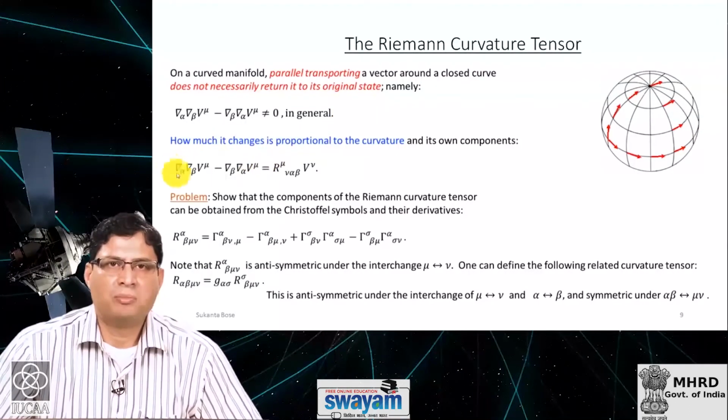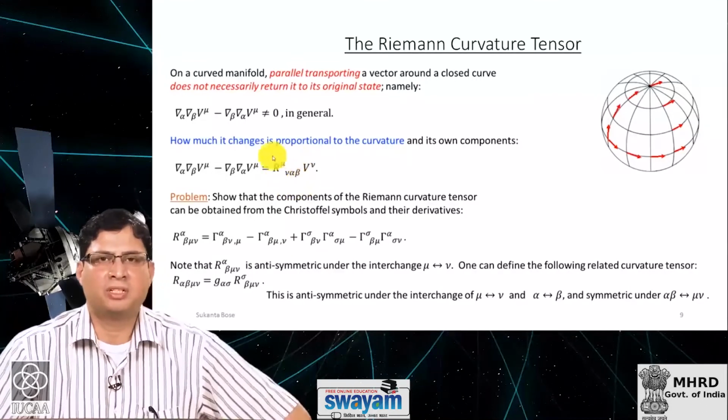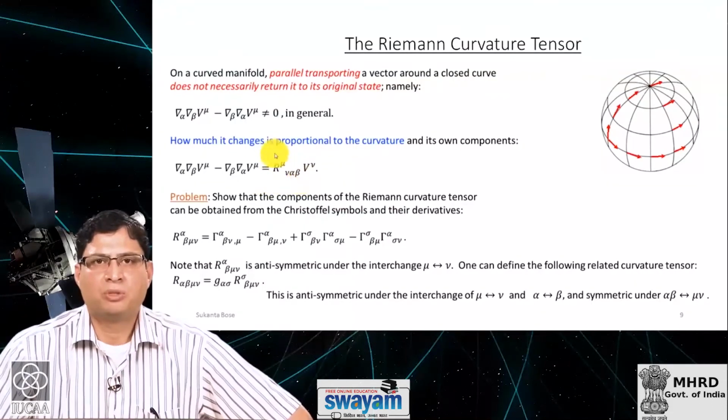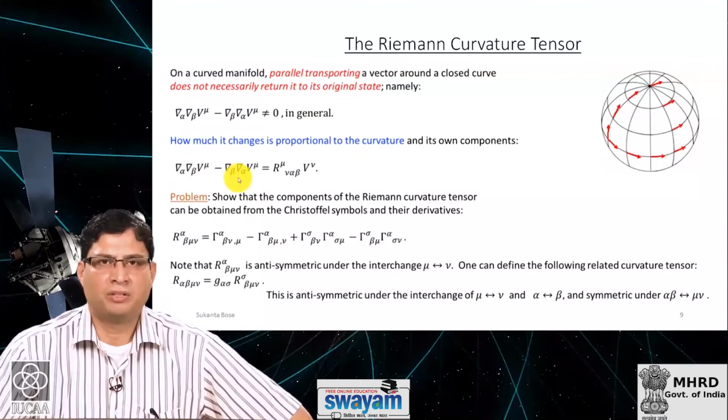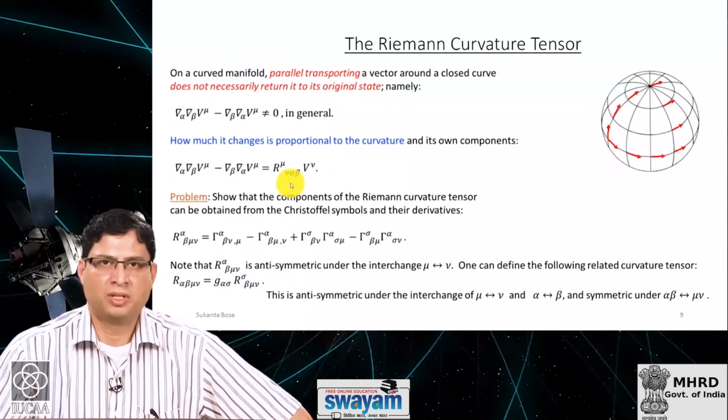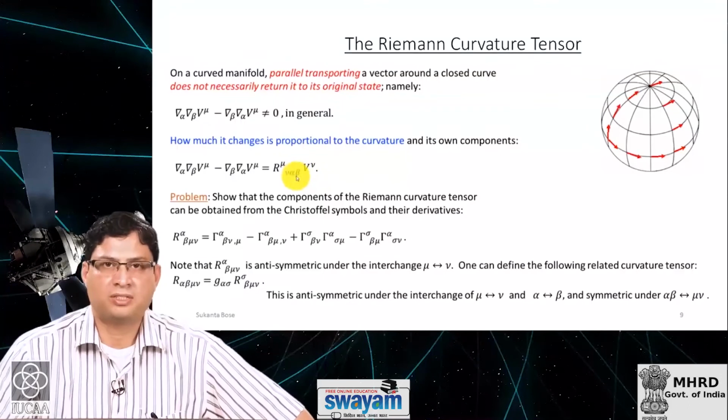And therefore, this quantity in general is equal to a new quantity, not a Christoffel symbol, but something we call the Riemann curvature tensor components, and this is a rank 4 tensor. So this difference of the actions of these two covariant derivatives on the vector is in general not zero, but is proportional to the curvature of your space-time or space, and that is defined by this curvature tensor. But this amount of change is also proportional to how big your vector was to begin with, which makes sense.